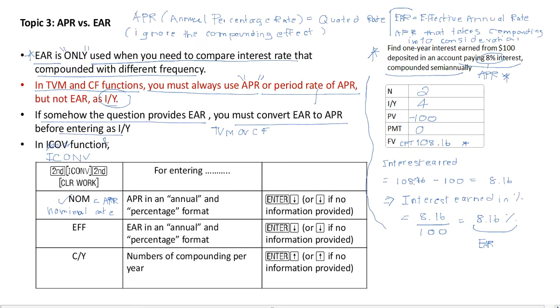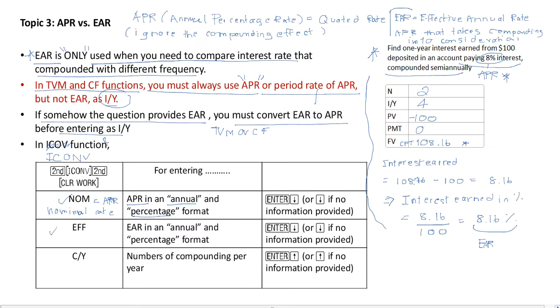Therefore, when you see NOM, you have to put APR in. Because APR stands for annual percentage rate, what you put in NOM has to be in annual and percentage format. If you are given the period rate, you have to convert it into annual, and you do not put the information in as a decimal. It has to be a percentage.